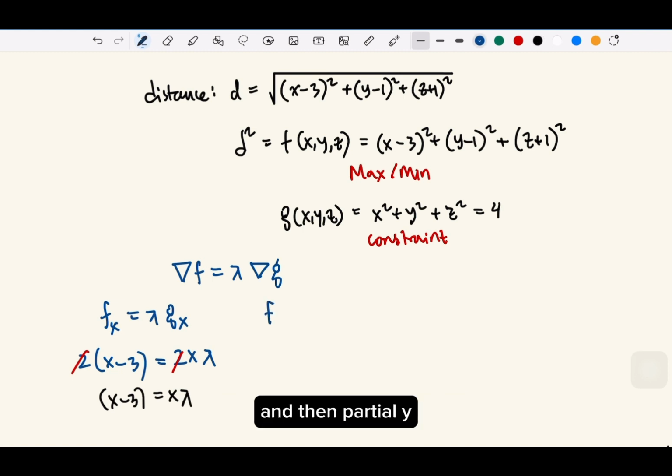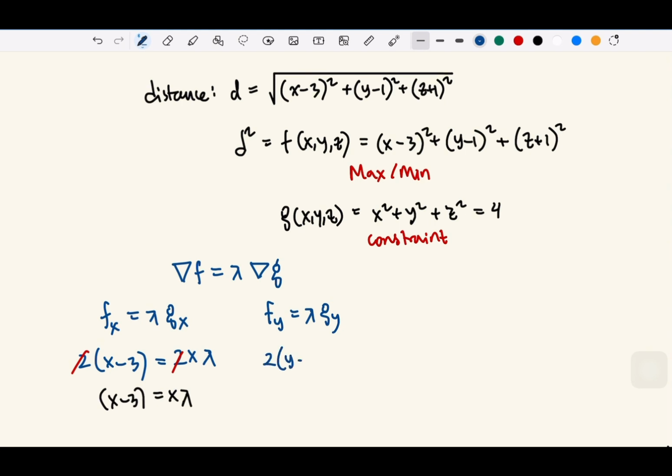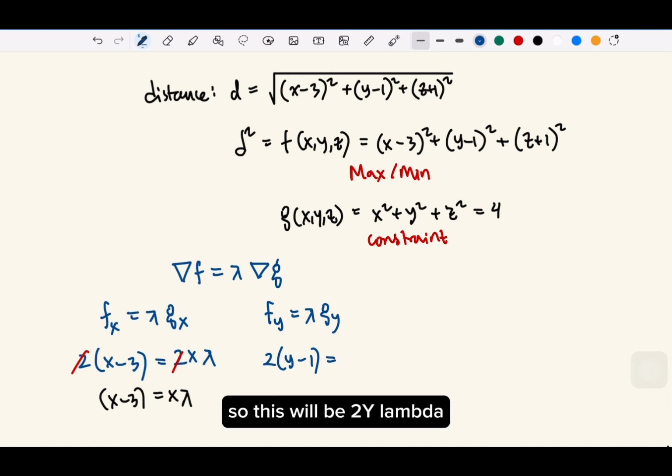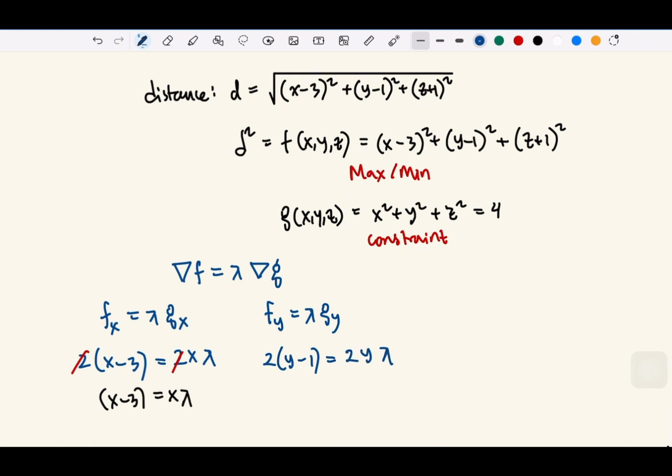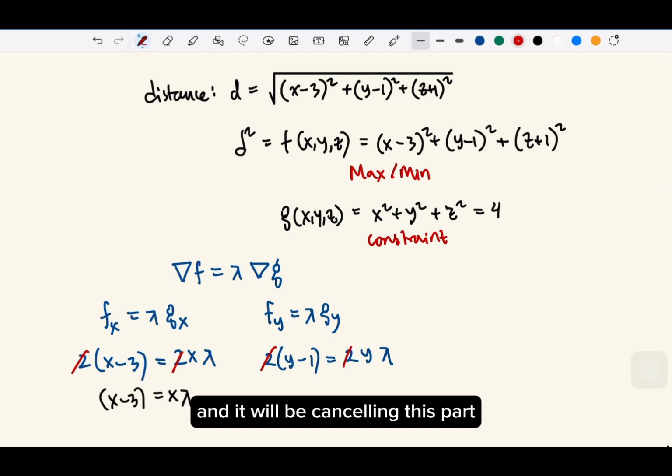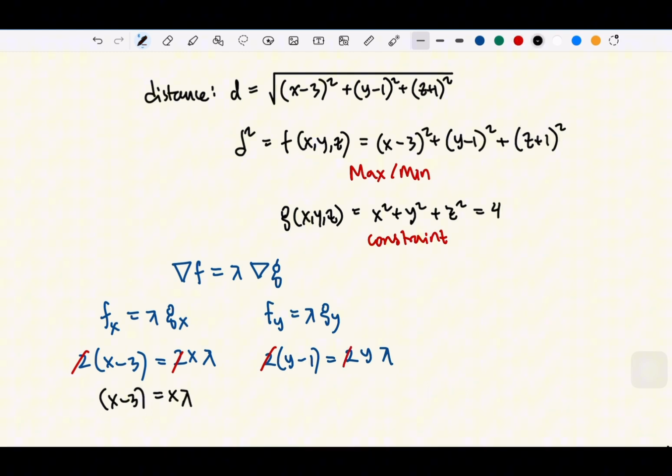and then partial y. So this will be 2y lambda. Again, it will be canceling this part. So y minus 1 is y lambda.